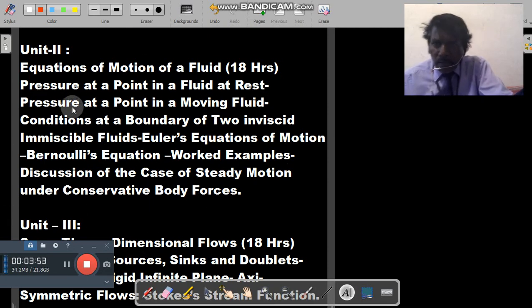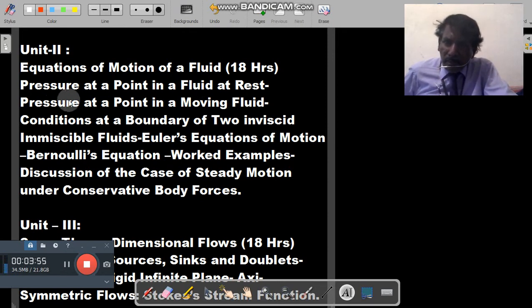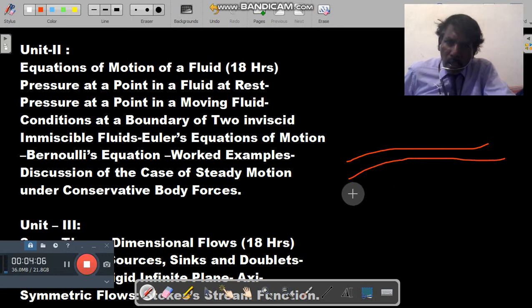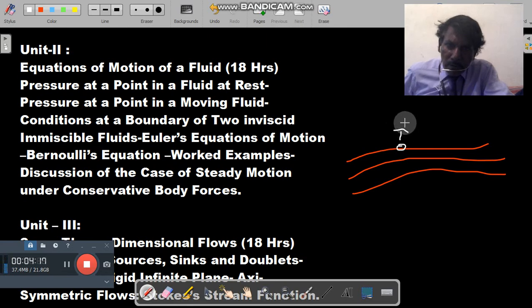The first one is the pressure at a point on a fluid at rest. Take, for example, this is a movement of the fluid. Now what is the pressure at this particular point? We are interested in that.